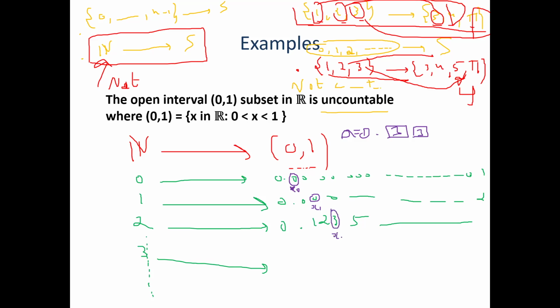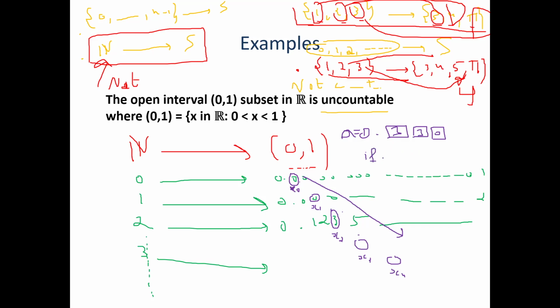This is x2, and it's a 3. So this 3, we're going to make it a 0. And we keep going, x3, x4, and so on. It's kind of like we're moving on a diagonal, and we're picking one digit from each of these listings.